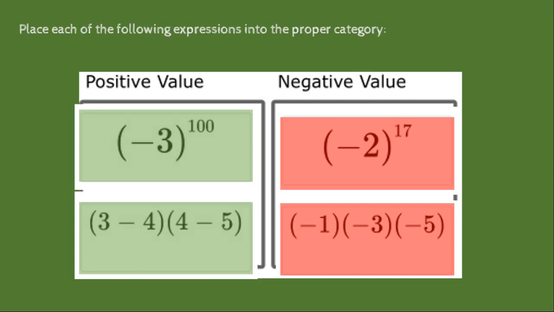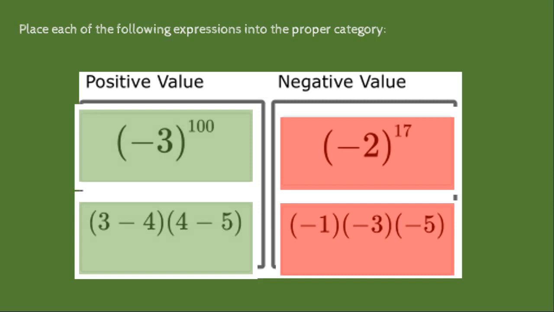If we look at it, we can see that the exponents give us a clue of how to make this easier. So we look at the positive value, -3 to an exponent of 100. This exponent is an even number. So we remember that if we do a negative times a negative, which is two numbers, an even number, that will always be positive.